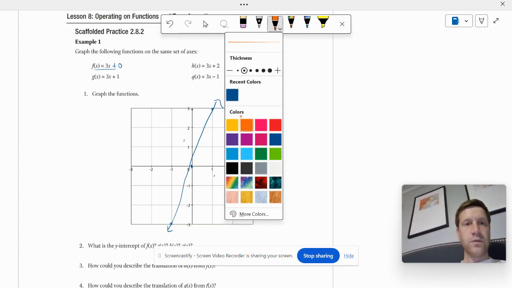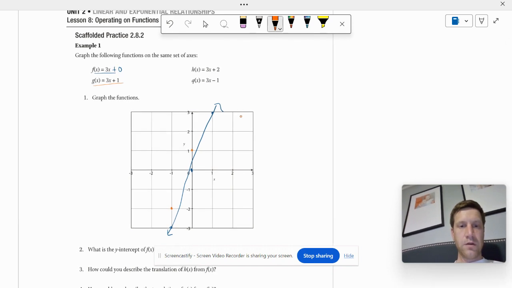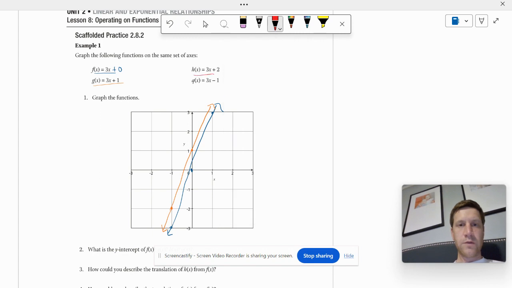Next, we'll do g of x. So that's plus 1. And I can't go up 3, so I'll just go down 3, left 1. Next, we'll do h of x. So plus 2.